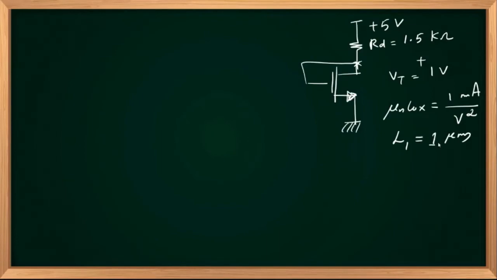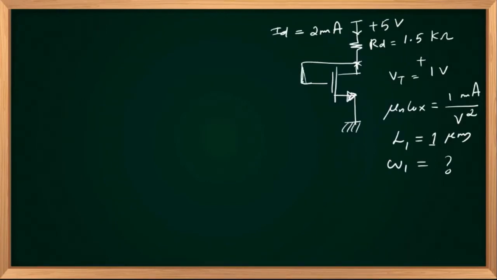You are asked to find W1, the width of the device. Also given that the drain current flowing through the transistor is 2 milliamperes. ID equal to 2 milliamperes.